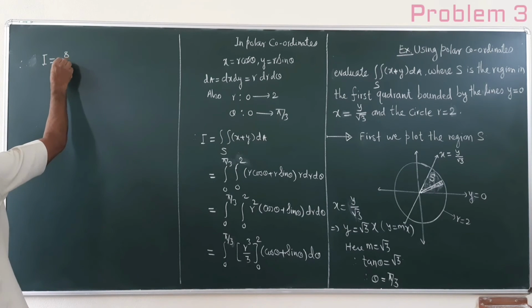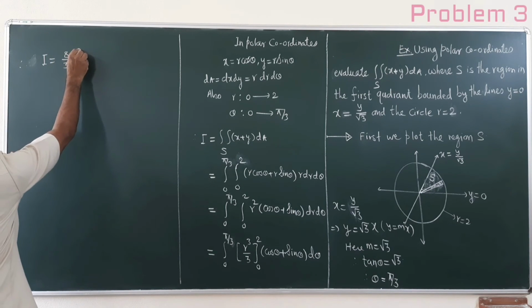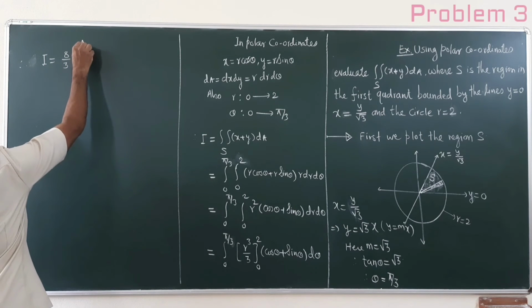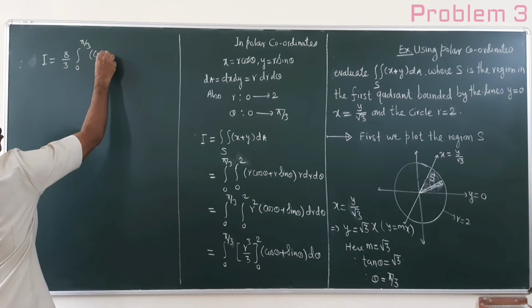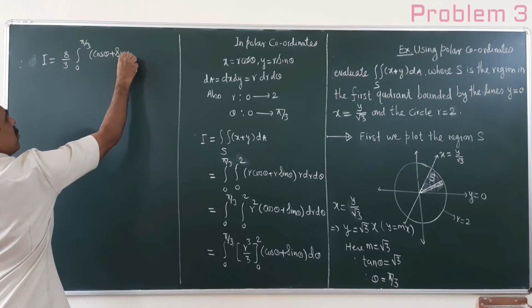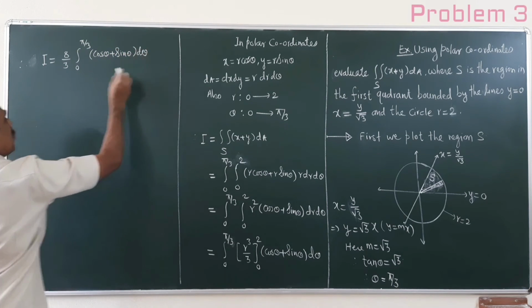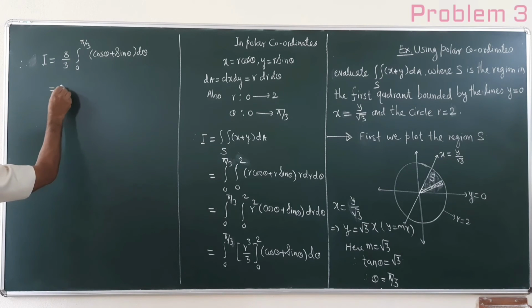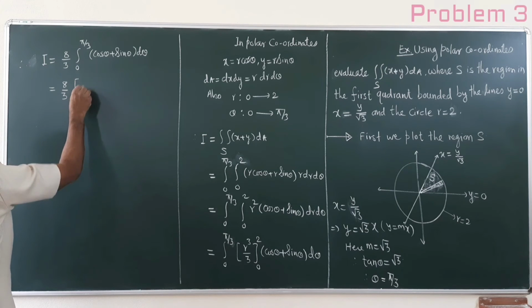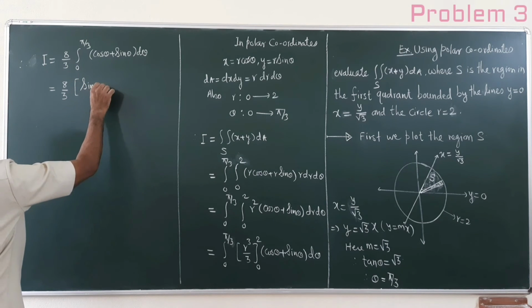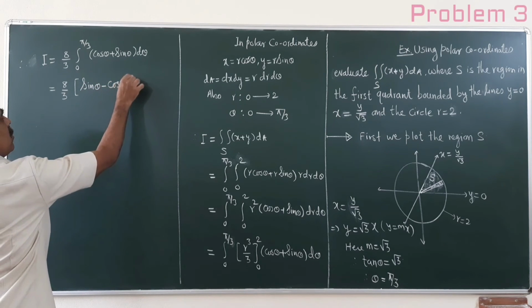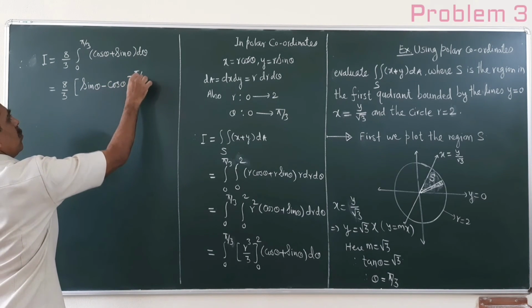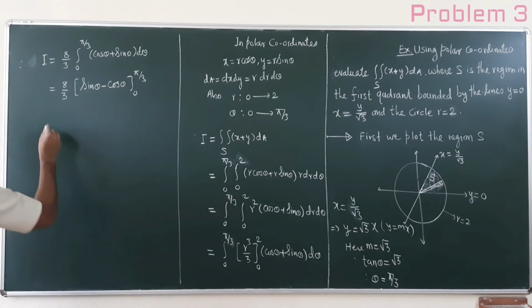So 8 by 3 integral 0 to pi by 3 of cos theta plus sin theta d theta. Now take the integral with respect to theta. Integral of cos theta is sin theta, and integral of sin theta is minus cos theta, over 0 to pi by 3.